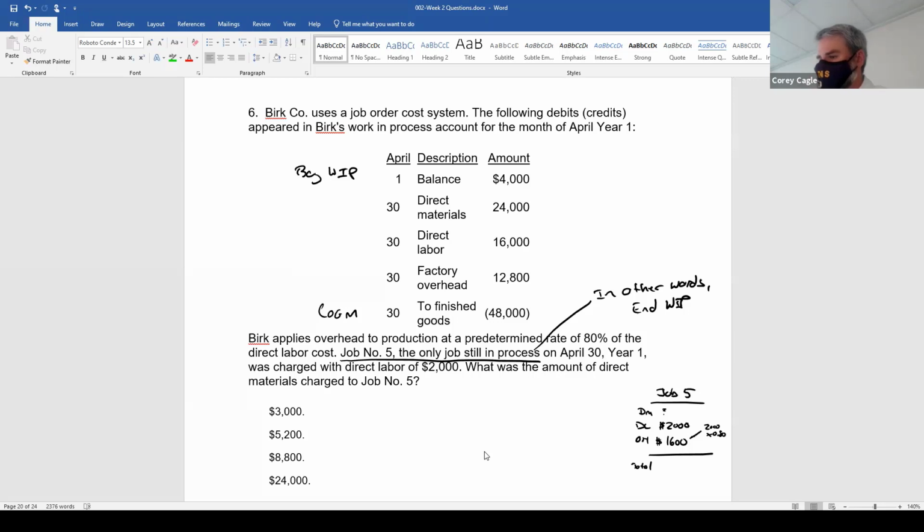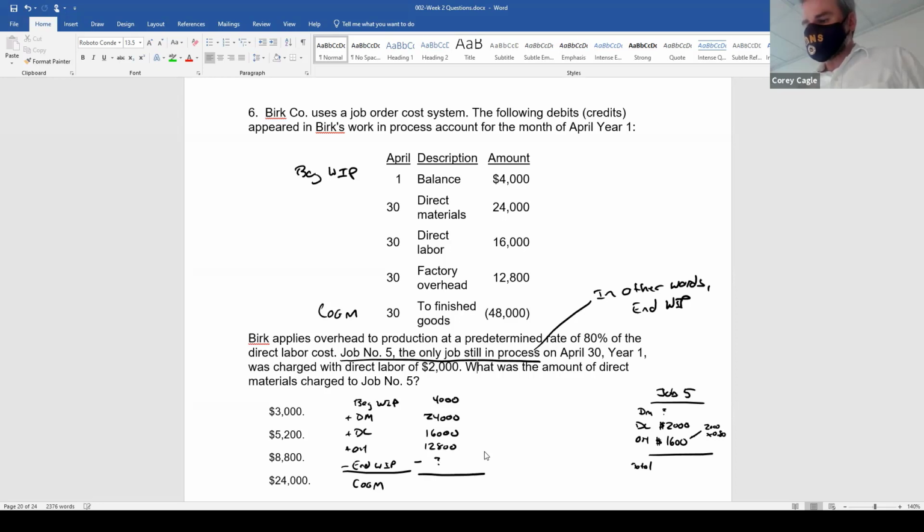And they give us the way to figure out the total. It goes back to our good old beginning work in process plus material, labor, overhead minus ending work in process, equals cost of goods manufactured. So we know beginning work in process is 4,000, materials is 24,000, labor is 16,000, overhead is 12,800, ending work in process is something.